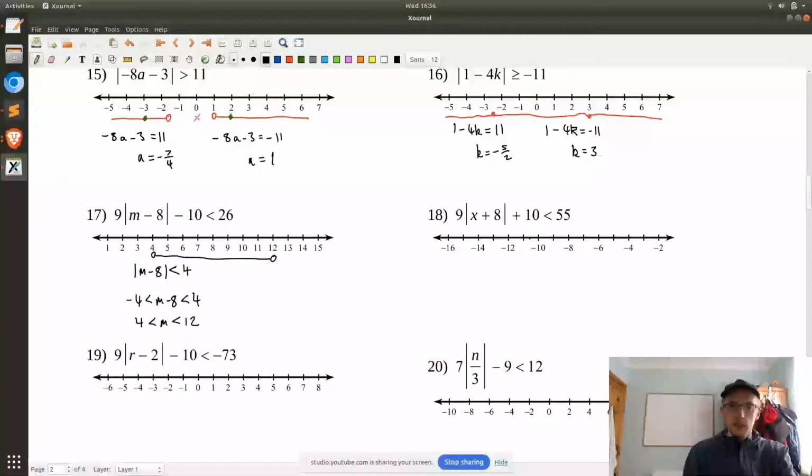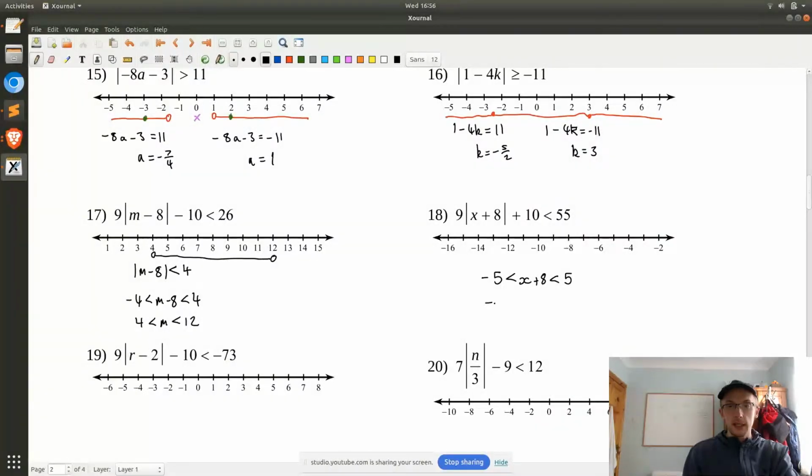Okay, problem 18. Take 4 from both sides, so 45 on the right. So absolute of x add 8 is less than 5. So x add 8 is trapped between -5 and 5 exclusively.